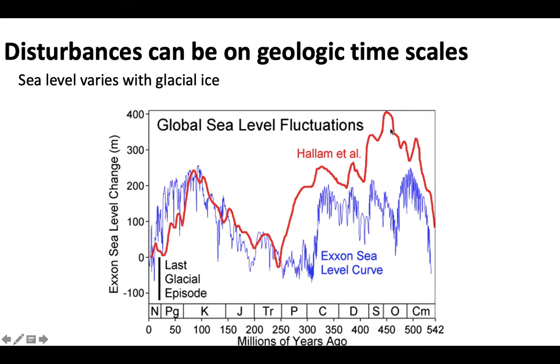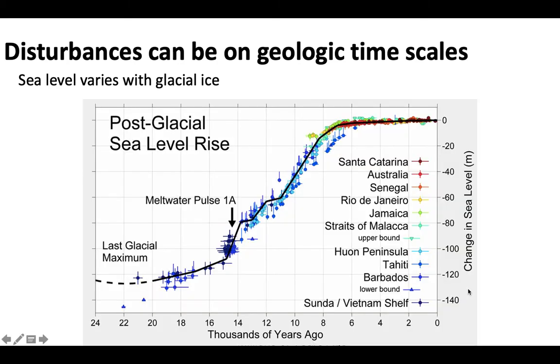But in the past, sea level was significantly higher. You can see that the sea level was particularly low at the last time where we had lots of glaciers because a lot of that water was trapped up in glaciers. The takeaway from this graph is that the sea level and the ice covering the Earth vary and have changed significantly over geologic time, talking hundreds and millions of years.